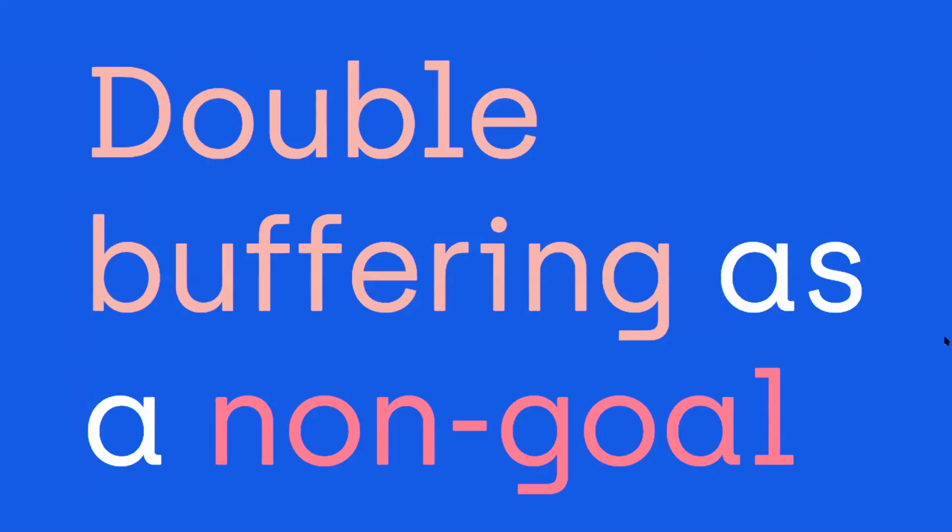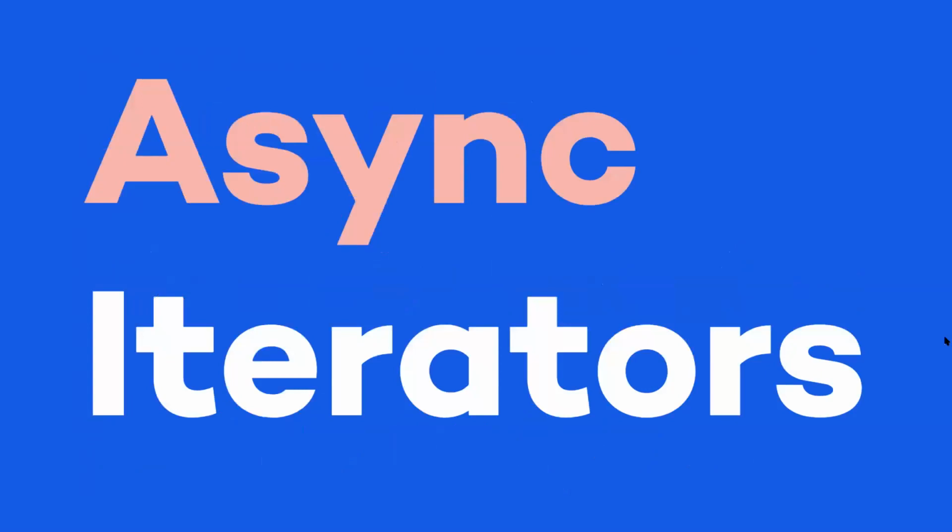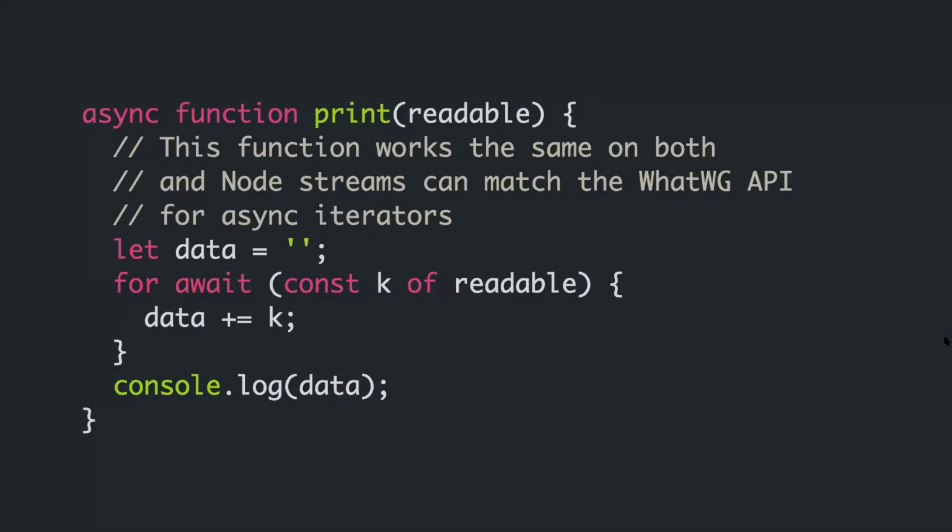So that's kind of the thing. And then we have async iterators. I don't know if you knew about async iterators in Node 10. In Node 10, we shipped async iterators, which is just fantastic. And you can write this type of code. So you can use for await to iterate on chunks of a string.